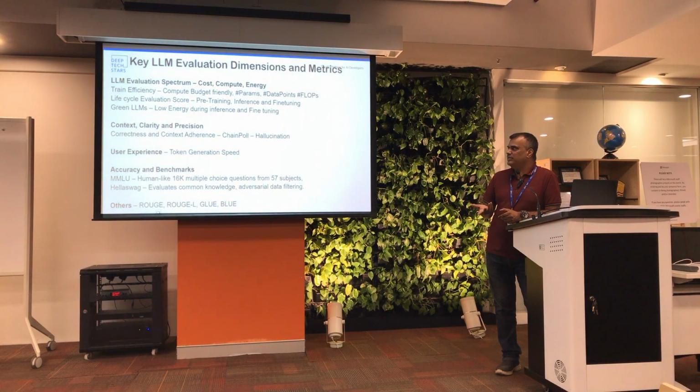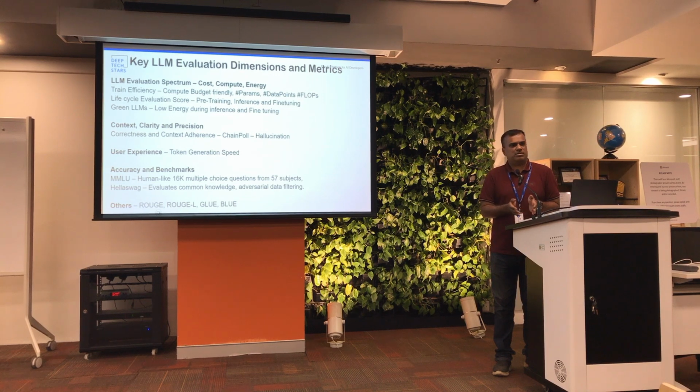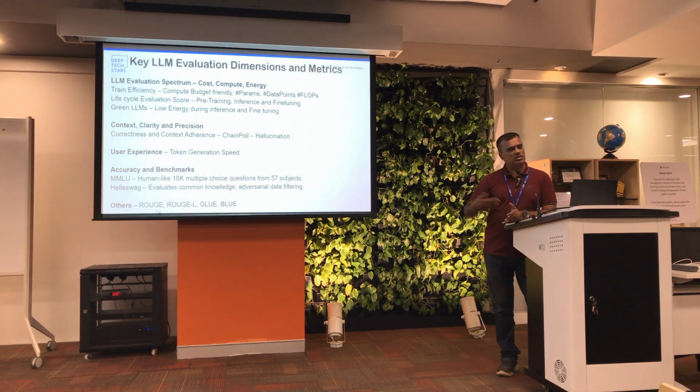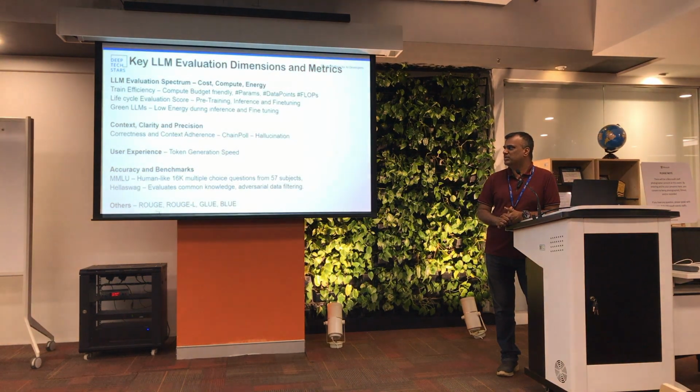Now, the second thing that we need to think about, as I already mentioned, is that we don't want to optimize just for pre-training, but also for inference and fine-tuning. And why do we want to do that? Because inference and fine-tuning are also part of the whole energy cycle. We want a green LLM, so we want low energy during inference and fine-tuning as well. So it's a life cycle. Let's keep that in mind when we think about this.